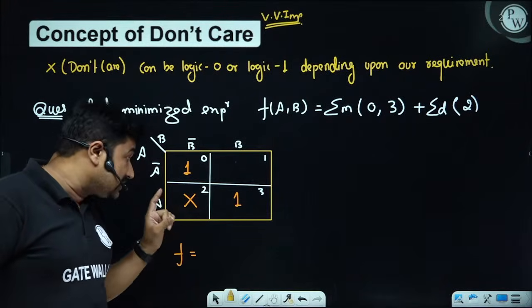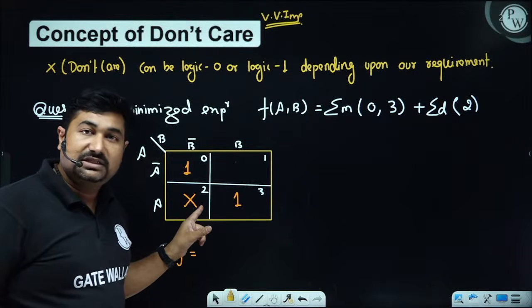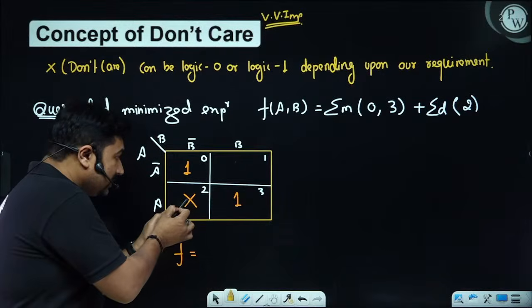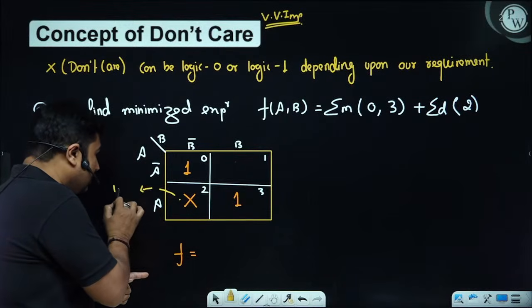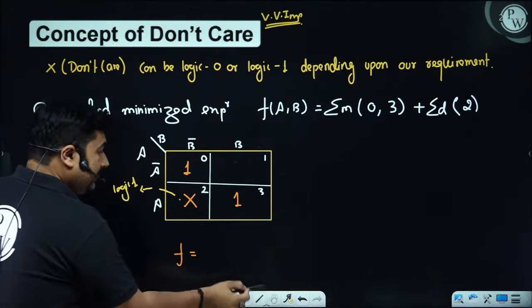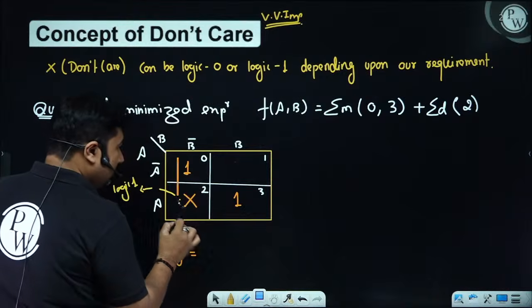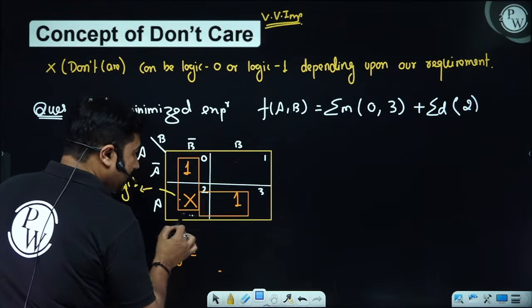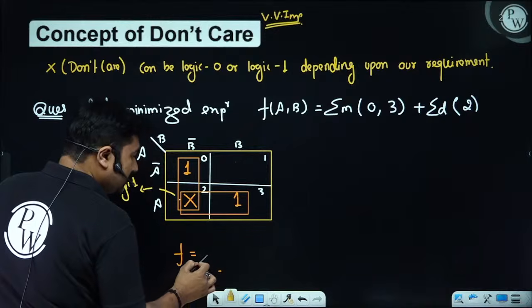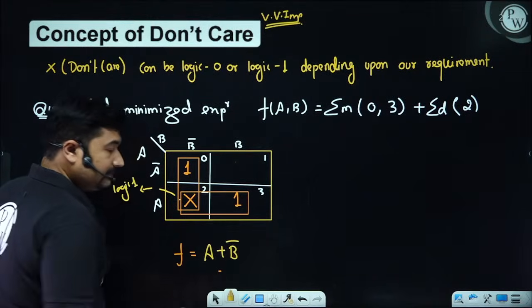So we always select the logic of don't care such that it helps in minimizing the logical expression. If we consider this as logic level 1, then we can make two pairs, and these two pairs will give the information A plus B bar.